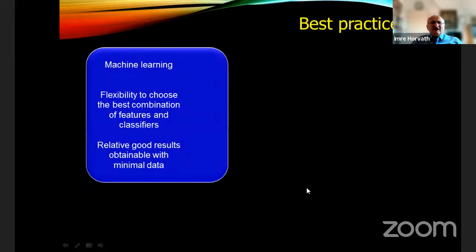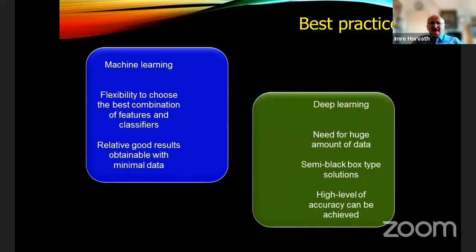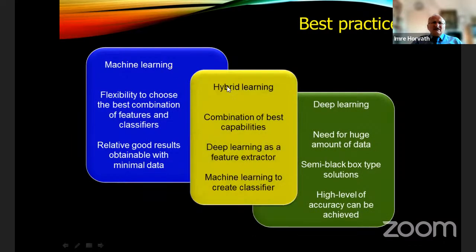So the best practice that I can suggest to you for the time being is combining machine learning and deep learning. If you combine machine learning and deep learning, we end up with a kind of hybrid learning.